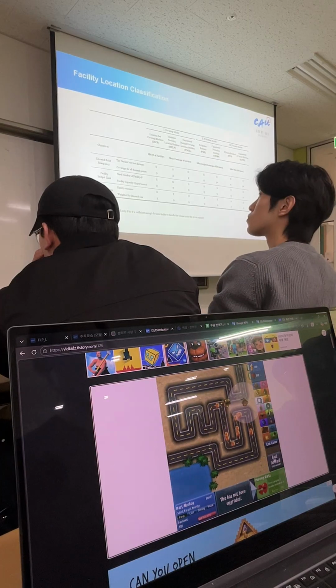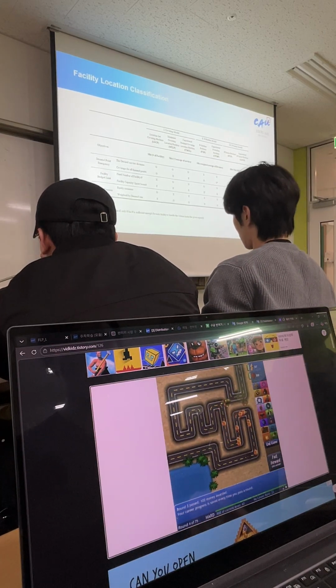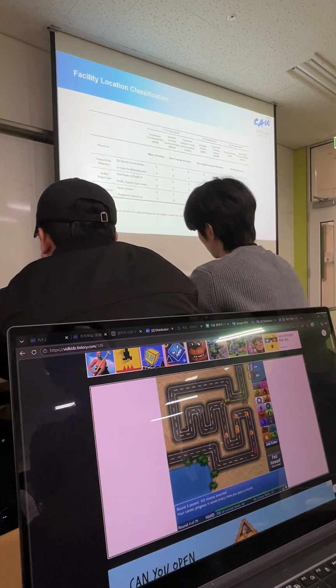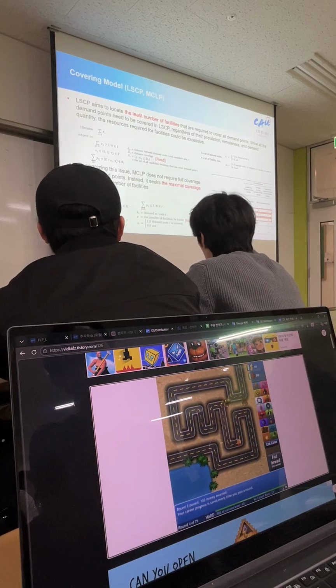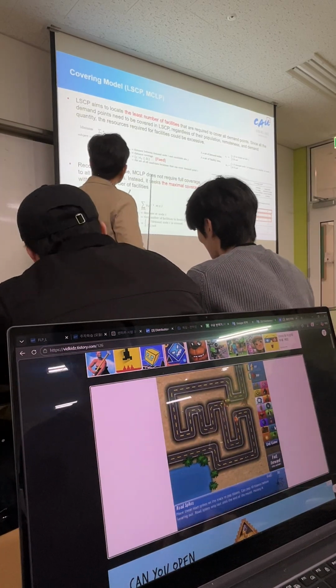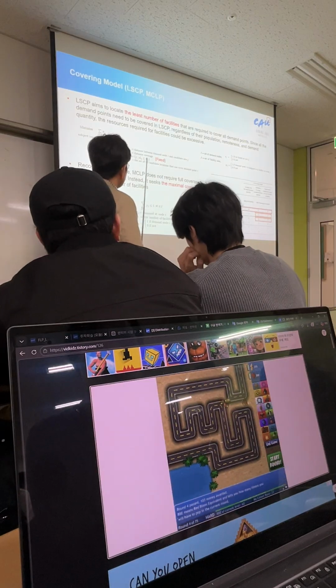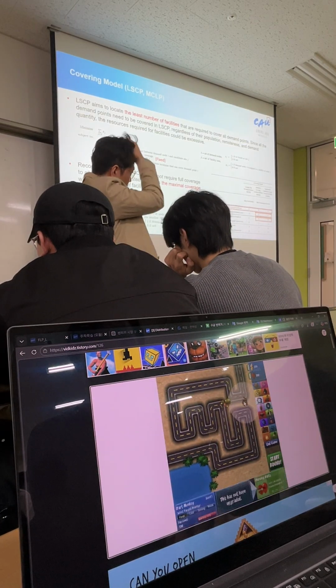And this is also not enough to understand the framework. You have to run by hand, by practice. Okay? So the mathematical formulation starts to come up.